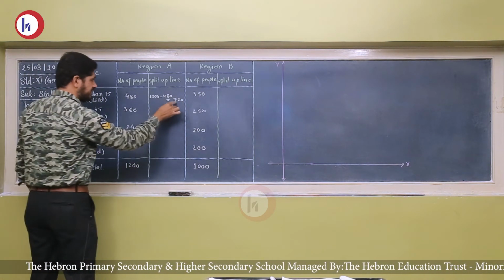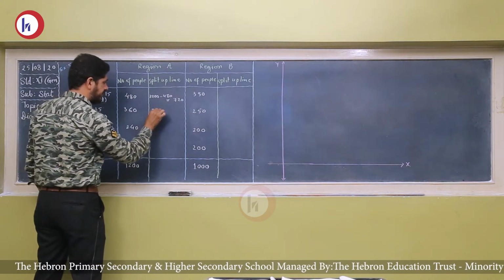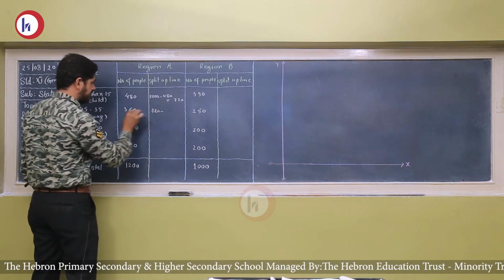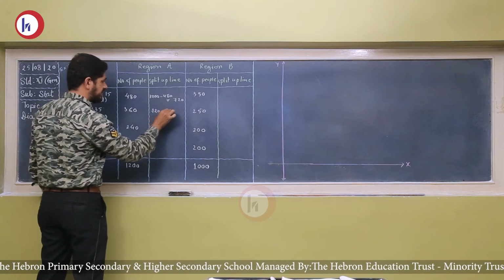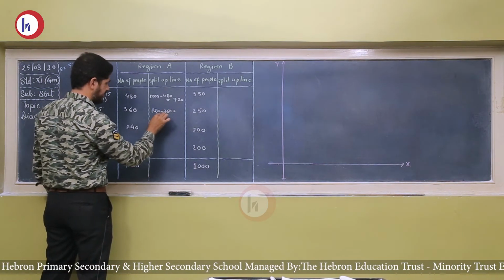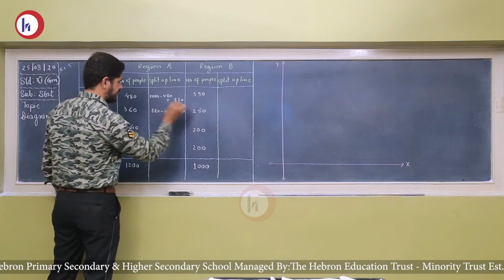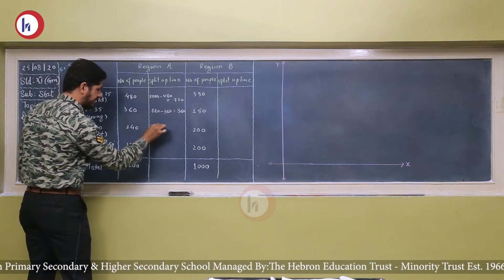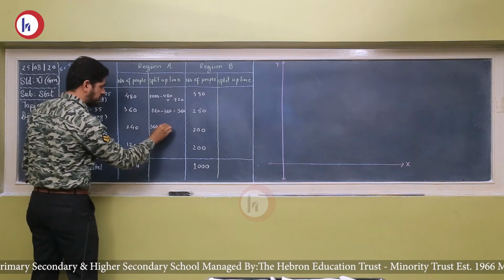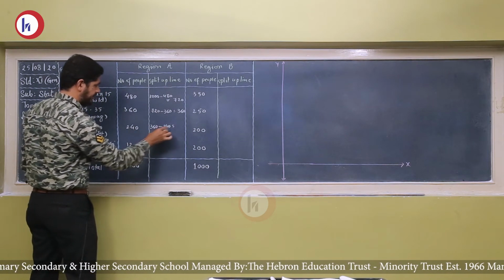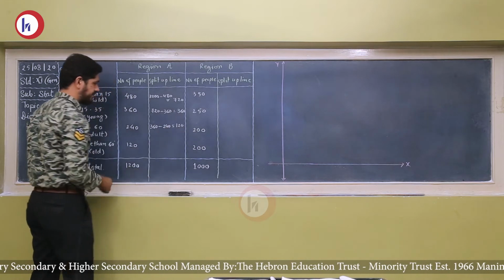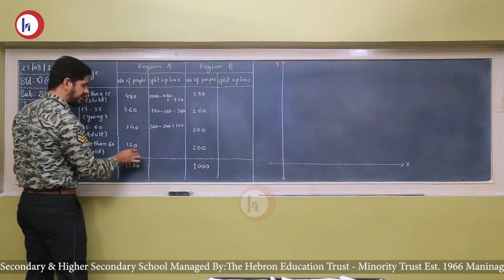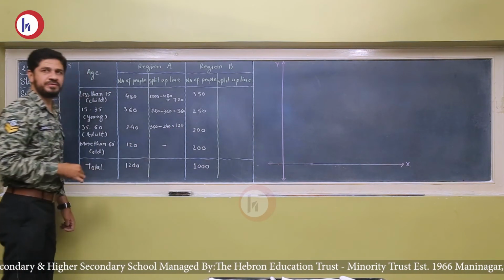Next, copy 720 and subtract the second number, 360, to get 360. Copy the same. Now subtract the next value, 240, to get 120. Finally 120 minus 120 gives 0.